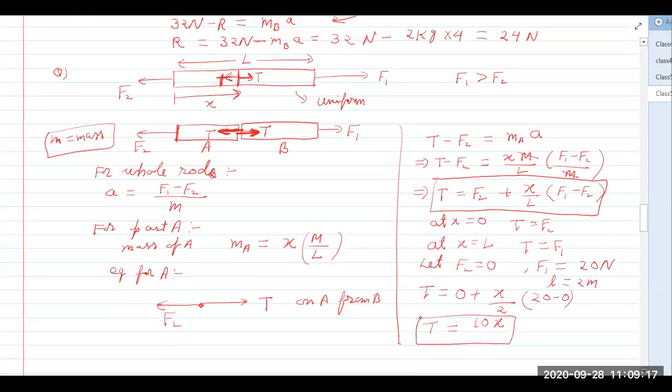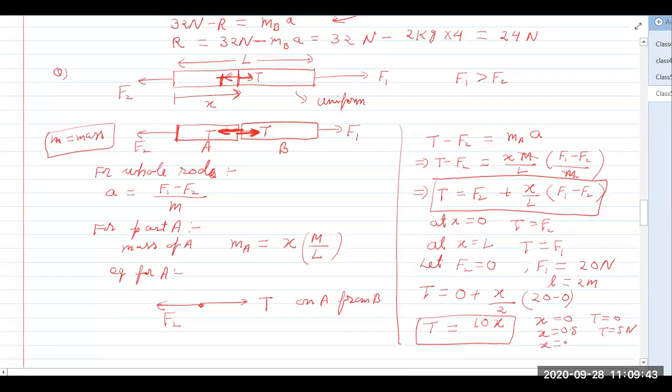So what does it mean? You can see at x equal to 0, the tension is 0. At the left end, the tension is 0. As you move rightward, the tension increases linearly. X equal to 0 means T equal to 0. X equal to 0.5 means T equal to 5 Newton.